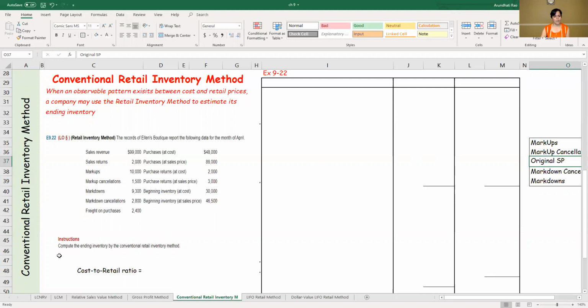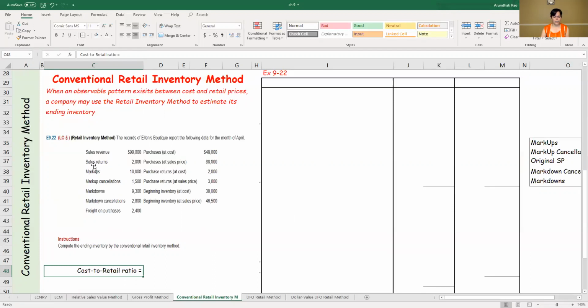So the objective over here is to calculate a cost to retail ratio of the cost of goods available for sale. If you recall, cost of goods available for sale is the beginning inventory plus the net purchases of the current period. Plus we're going to add a few items in over here and we're going to see what they are. So let's quickly look at what items have been given over here, what accounts.